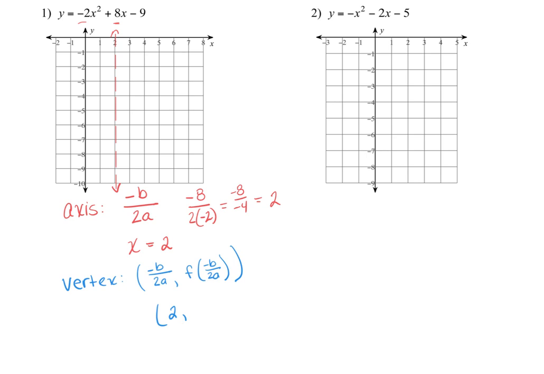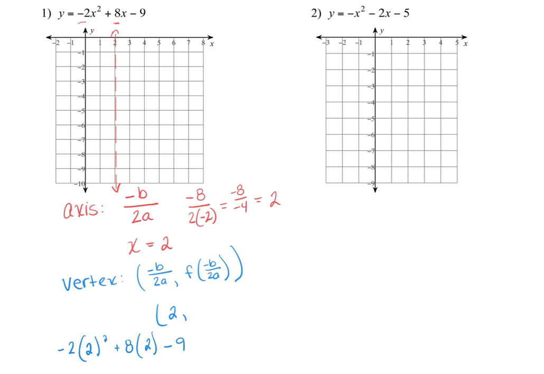So I'm going to take my function here, and I'm going to plug in that 2. So I'm going to say -2 times 2 squared, plus 8 times my x value, which is 2, minus 9. I'm just plugging it into my original equation. Negative 2x squared plus 8x minus 9. So everywhere I have an x, I'm plugging in that number I just found for my axis, okay? And then you just do order of operations.